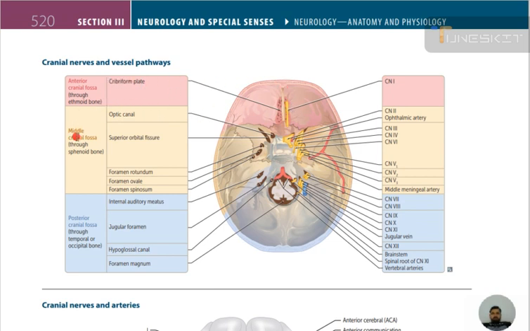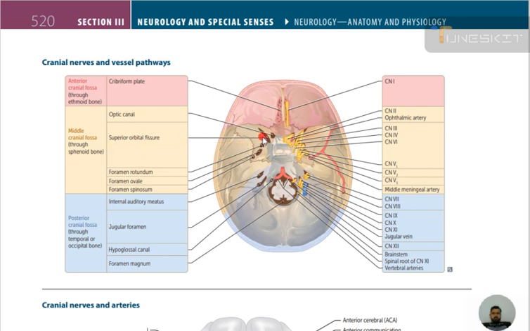So the middle cranial fossa has one, two, three, four, five structures. The optic canal, by which the ophthalmic artery and cranial nerve 2 pass.